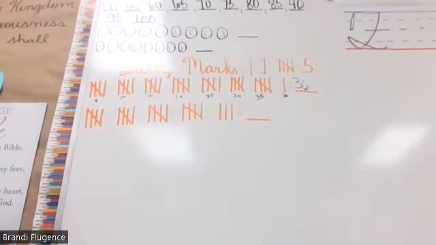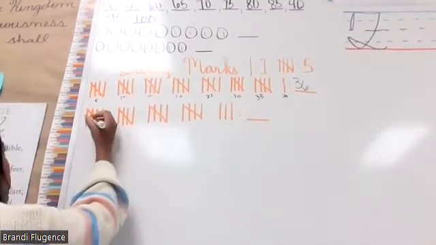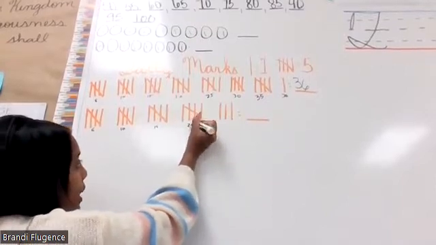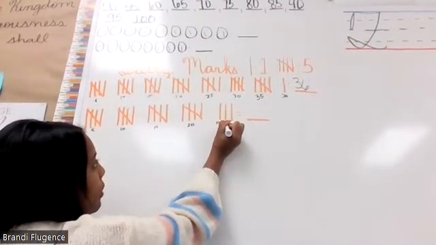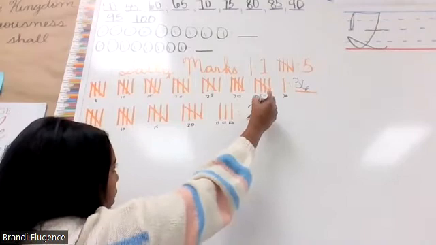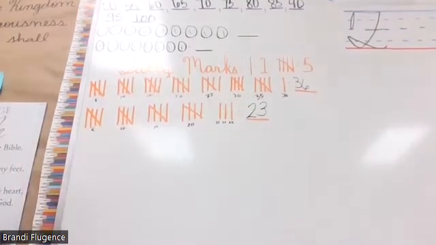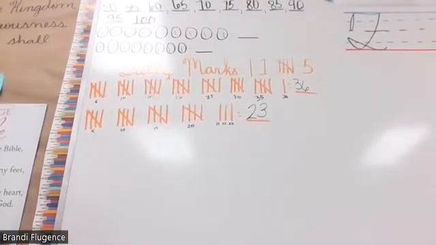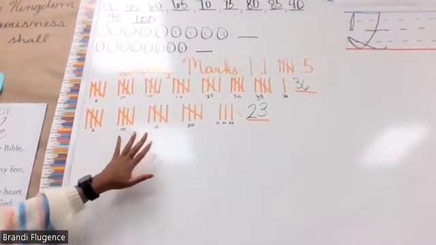Does anyone have anything different? Okay, let's see. So we have 5, 10, 15, 20, 21, 22, 23. 23, guys. The same. Okay, so we'll be practicing tally marks a little more.